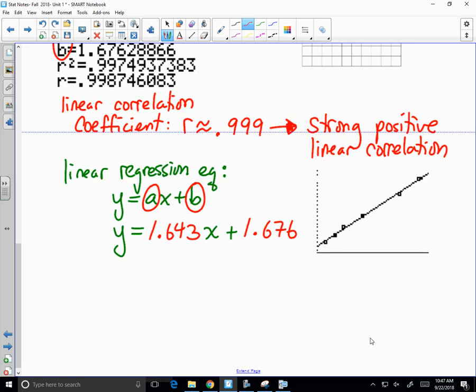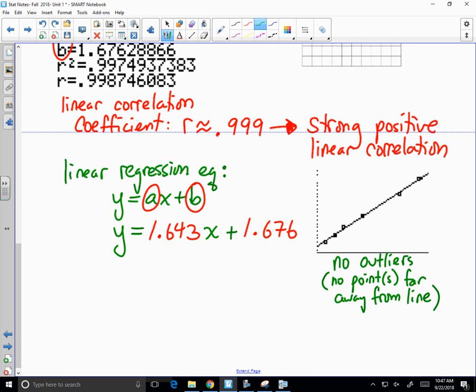I don't see any points that are greatly deviating from that line. So I would say that there are no outliers. There are no points that are far away from the line.